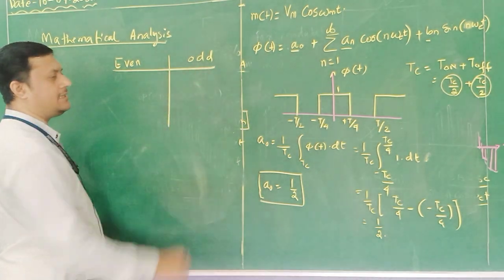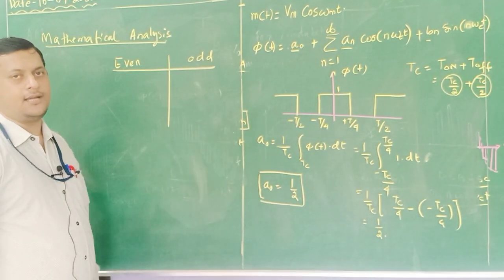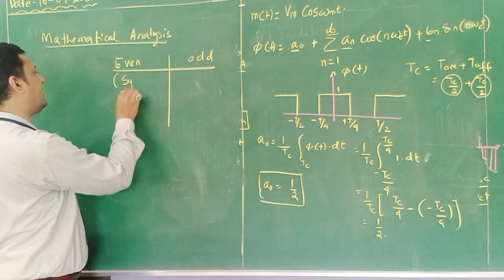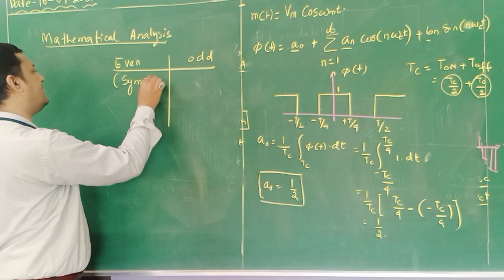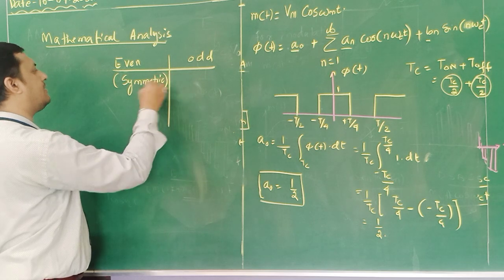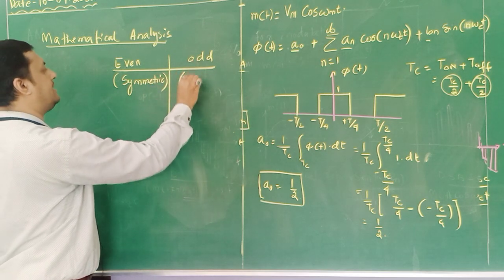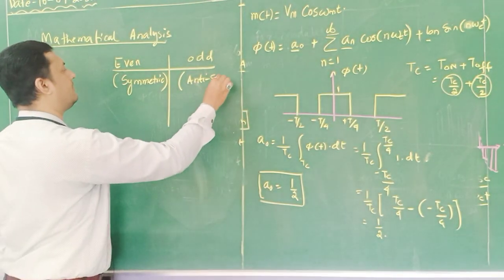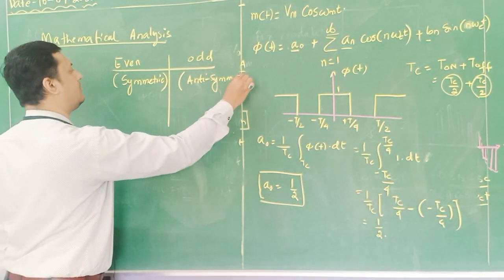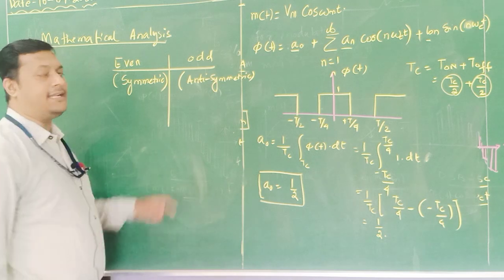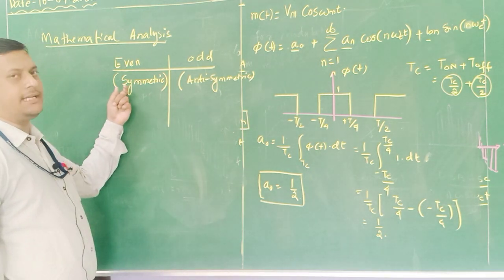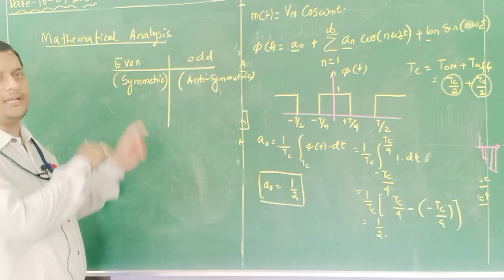Even means the reflection component must be there, it is called the symmetric condition. And odd signal means it is the anti-symmetric condition. Anti-symmetric means amplitude will be in negative terms. Even means its amplitude will be the same, but it will be a reflection.